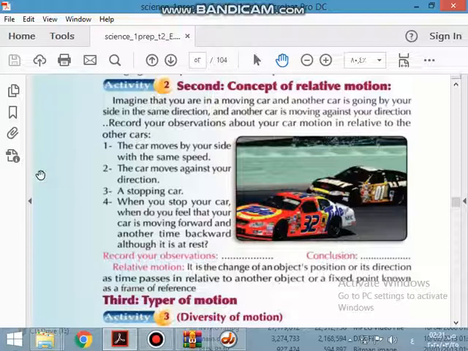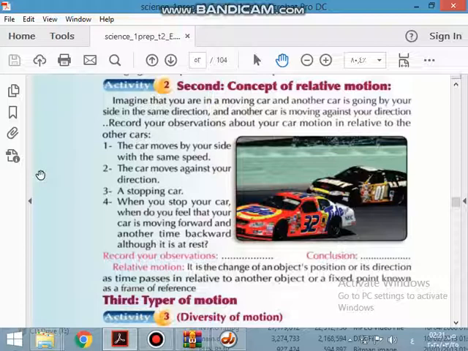You will imagine that the two cars stop moving.